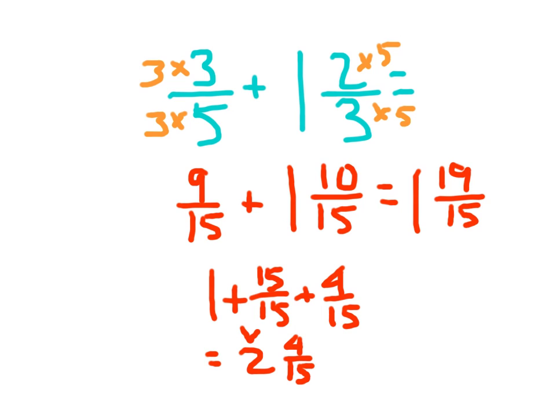So I just had one more step, and that extra step was that I had to have that equivalent and the same denominator. 2 4/15 is fully simplified, so I'm done. I had to regroup here. 19/15, 15 goes into 19 one whole time, with that remainder of 4.